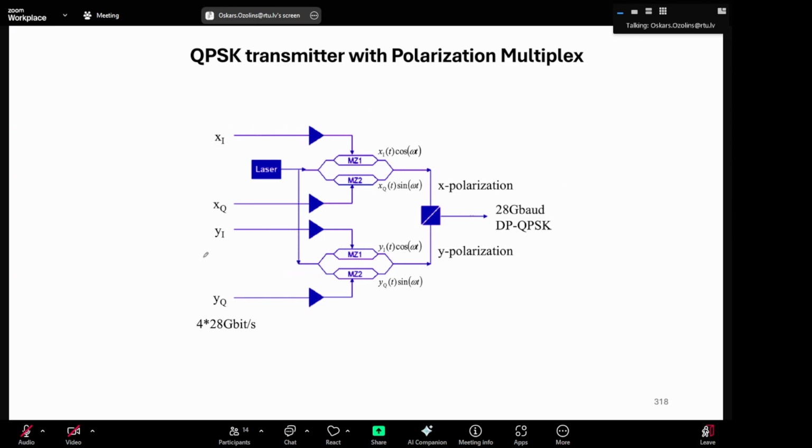So here is an example of a 28 gigabaud dual polarization QPSK signal, so we get 4 times 28 gigabits.